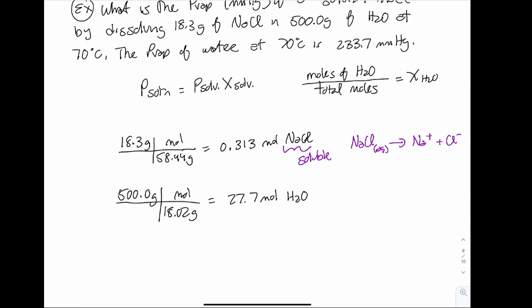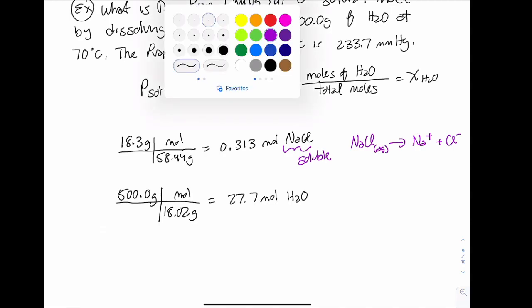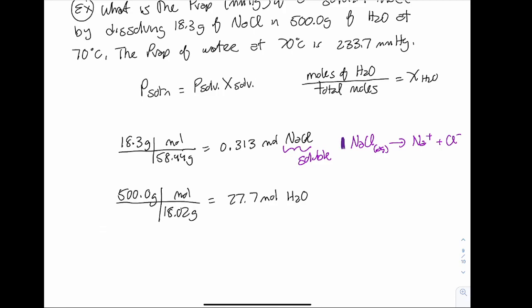And we do need to consider that when we're figuring out our total number of moles of solute. If I put coefficients in front of this, 1 mole of sodium chloride gives me 1 mole of sodium plus 1 mole of chloride. If I had 10 moles of sodium chloride, I would have 10 moles of sodium and 10 moles of chloride.